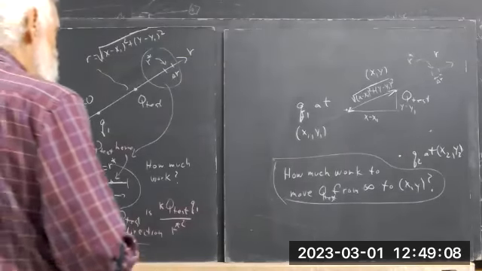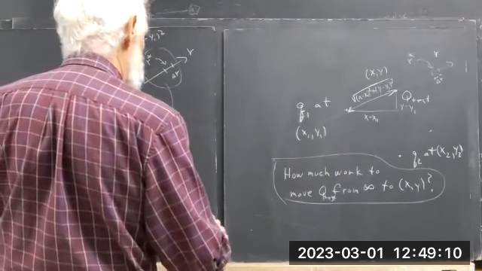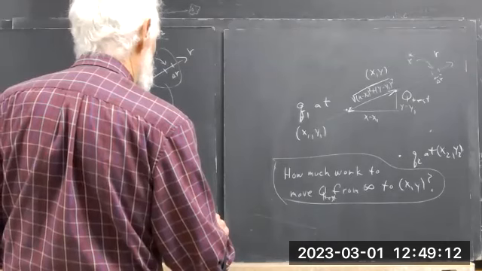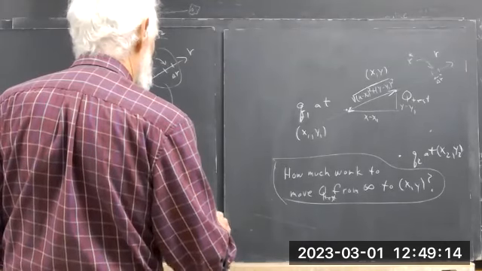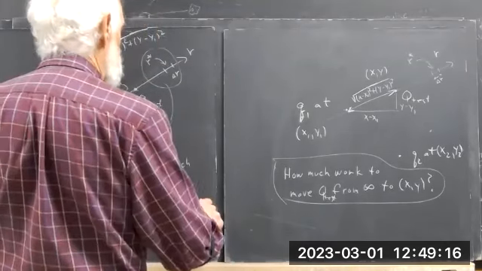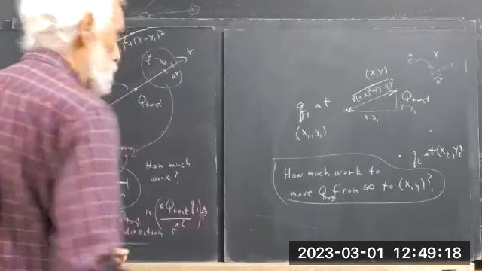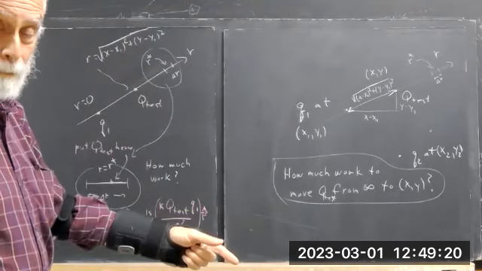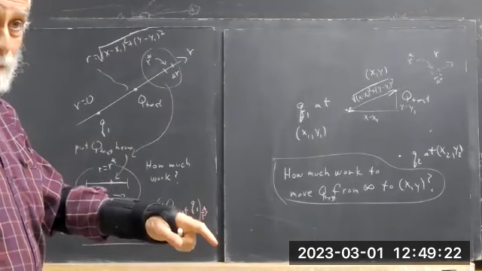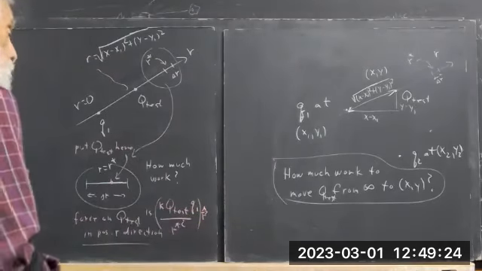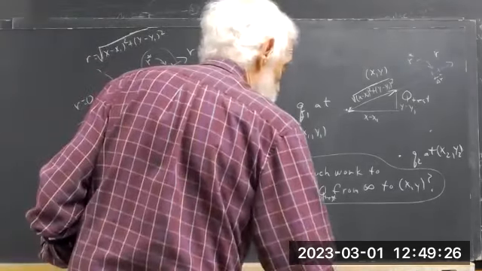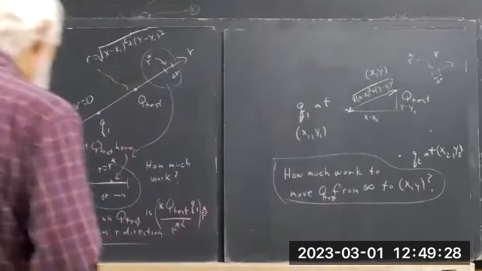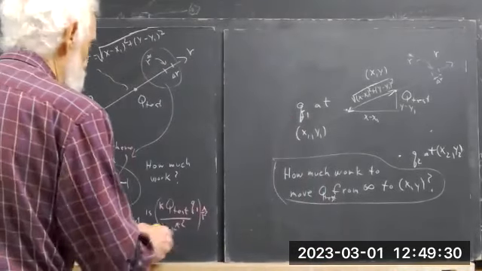So instead of saying in the positive R direction, we're going to use this R hat that you see in your text, the unit vector in the R direction. Okay, so I'm going to replace my "in the positive R direction."